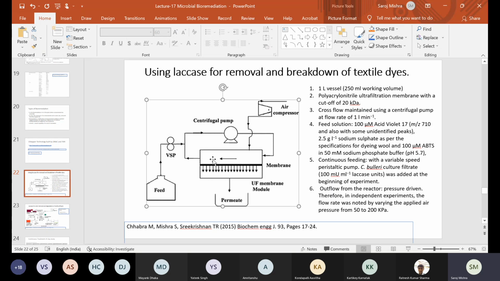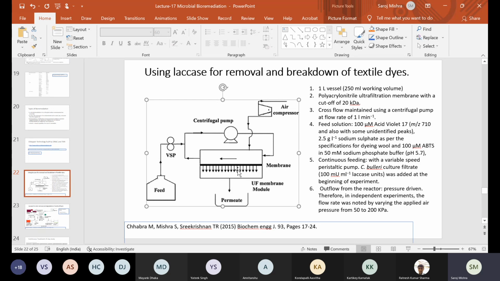Within the membrane reactor is a membrane, which allows only the effluent and the enzyme to be transported and recycled back into the reactor. The degraded products are very small and they are going to pass through here, even the dye molecule.